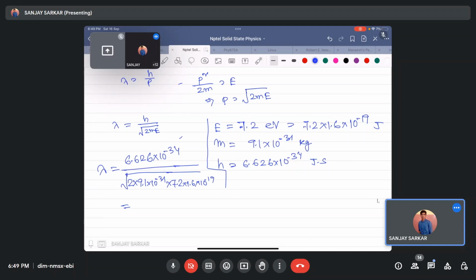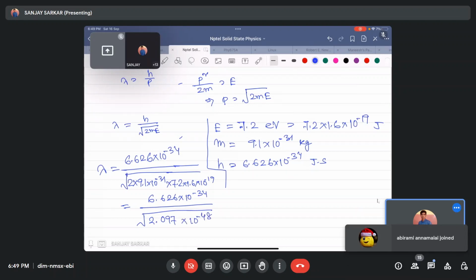So 2.097, it will be 6.626 into 10 to the power minus 34 divided by root over of 2.097 into 10 to the power minus 48. So do the root over of 2.09 into 10 to the power minus 48.